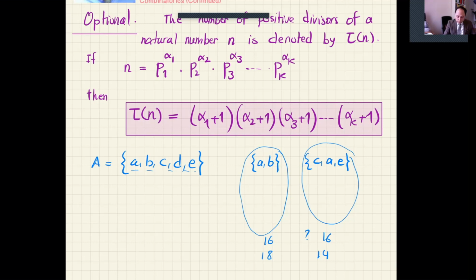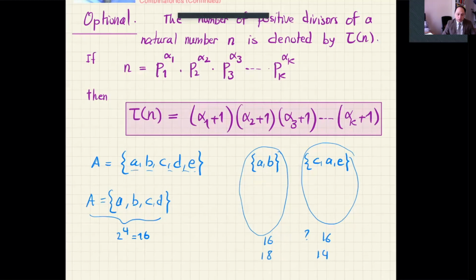Or, for example, is it trivial if the starting set has an even number of elements? Assume that instead of starting with a set with 5 elements, I had started with a set with 4 elements, and now I am asking you the same question. Here the total number is 2 to the power 4, which is 16.